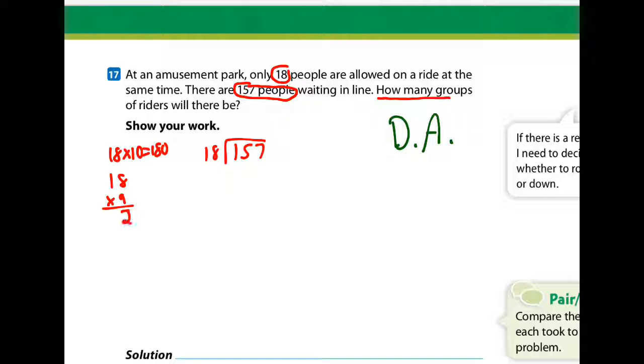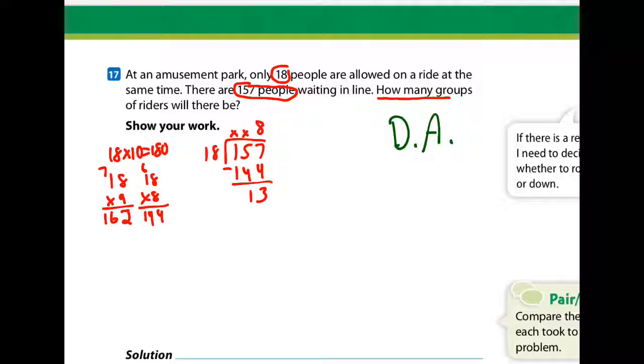That's 72. 9 times 1 is 9 plus 7 is 16. Okay, so that's 162. That's still a little too high. So it's going to be 8. 18 times 8. 8 times 8 is 64. 8 times 1 is 8 plus 6 is 14. All right, so 18 is going to go into 157 8 times, which is 144.